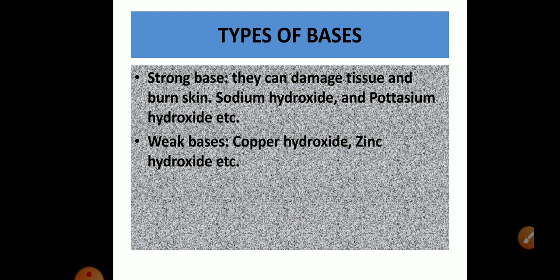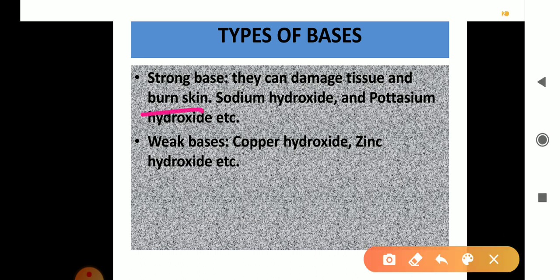Now, types of bases. Bases are of two types, as with acids: strong and weak. It means strong bases and weak bases. Strong bases have the same action as strong acids. They can damage tissue, or they can burn your skin.